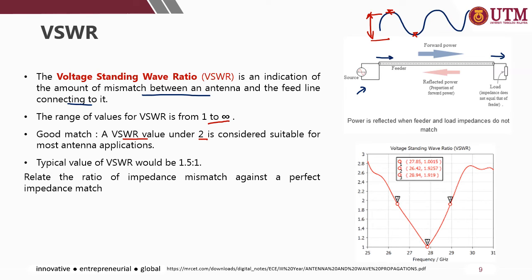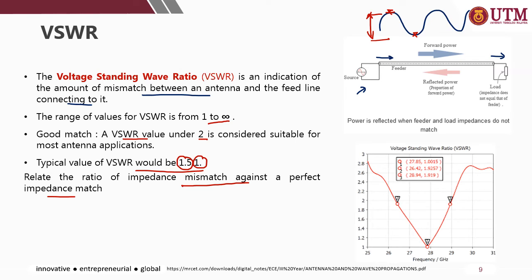For example, a typical value for VSWR would be 1.5 to 1. So the VSWR will be presented as a ratio. The first part of the ratio tells the impedance mismatch against perfect impedance match, while the 1 at the back represents the perfect match design.